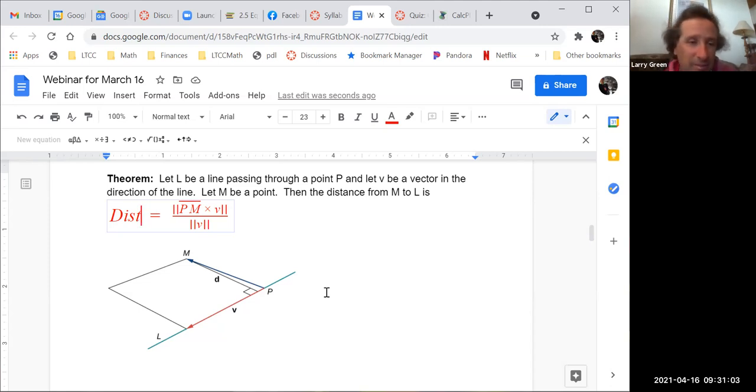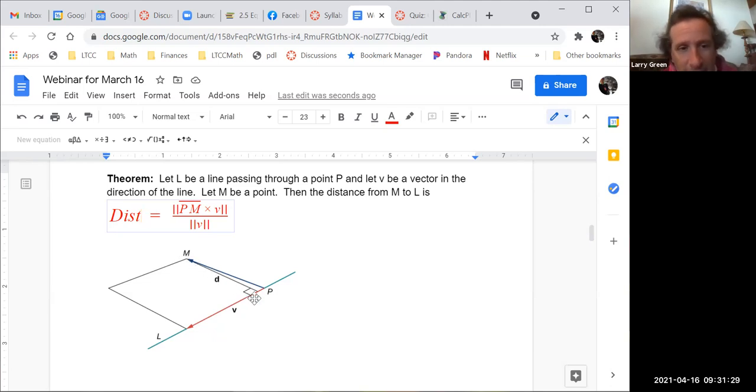Okay, so this is a picture I copied out of the book, but basically the proof comes right from it. So we want to find out the distance from M to L. Okay, so here's our line, and we want to find out how far it is from M to the line.